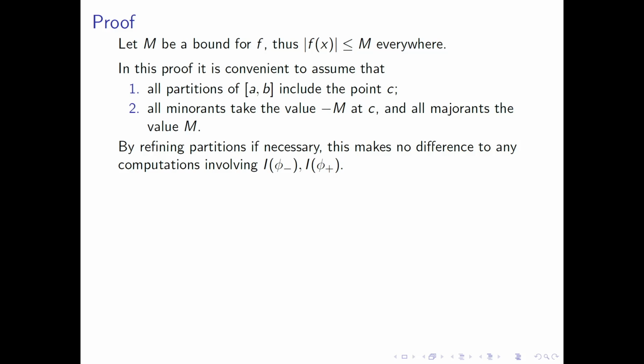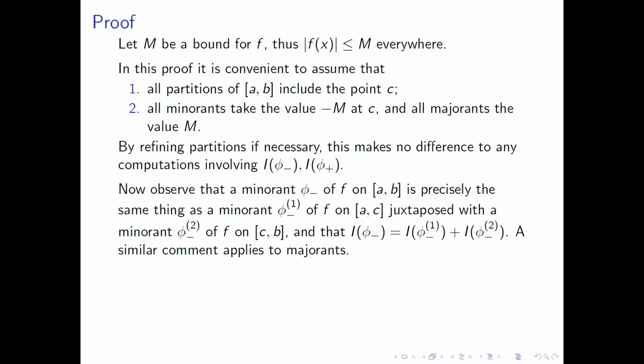Okay, so this is just a little bit of bookkeeping. It's just going to be useful. Once you've got that set up, a minorant or a majorant for f, you can think of it as just a minorant or majorant for f restricted to the interval AC, stuck next to a minorant or a majorant for f restricted to CB.